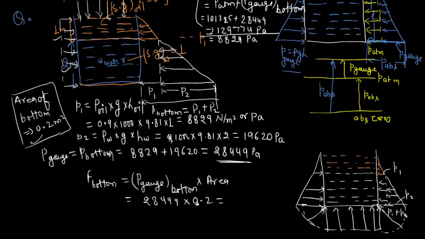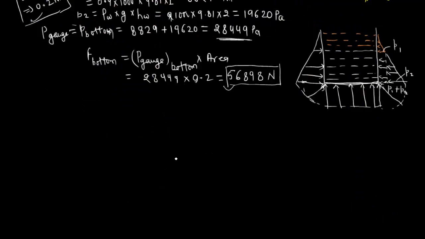So by calculating this one, this is 28,449 into 0.2, which is equal to 5689.8 Newton. So this is the force exerted by this fluid on the bottom of this container. Oh, sorry, actually this value is not 56898, it will be 5689.8. There is a decimal point here.